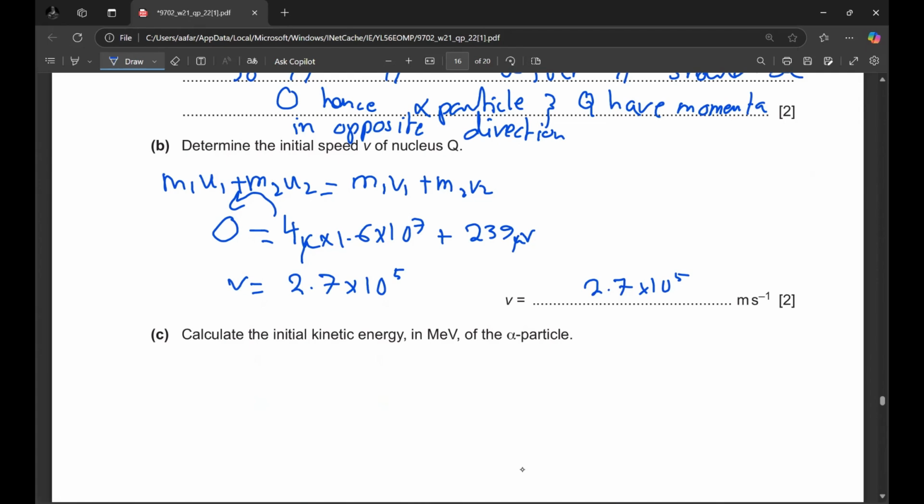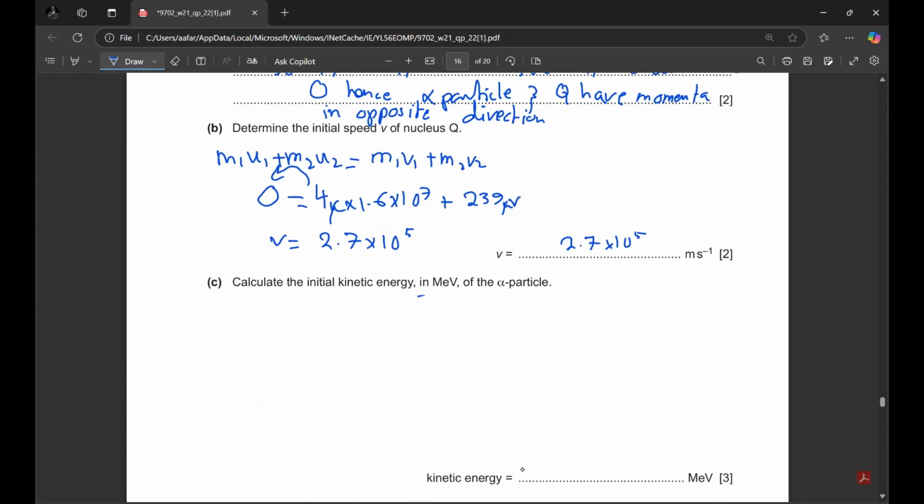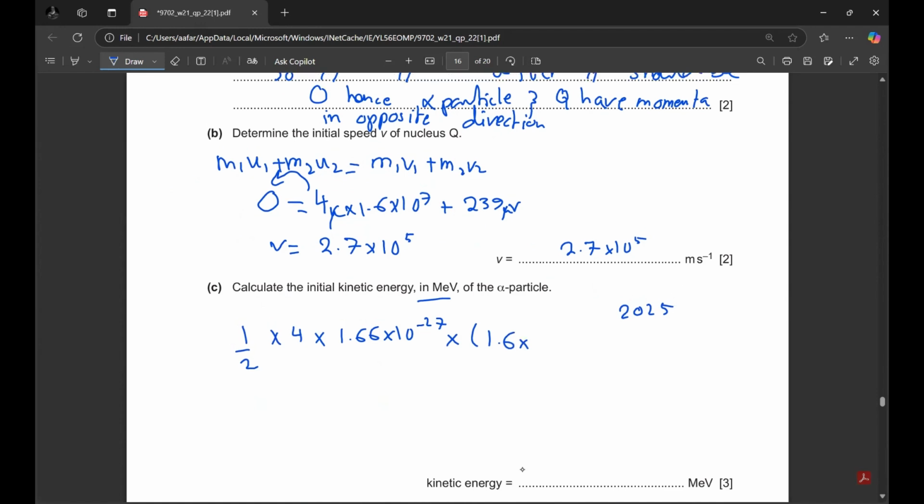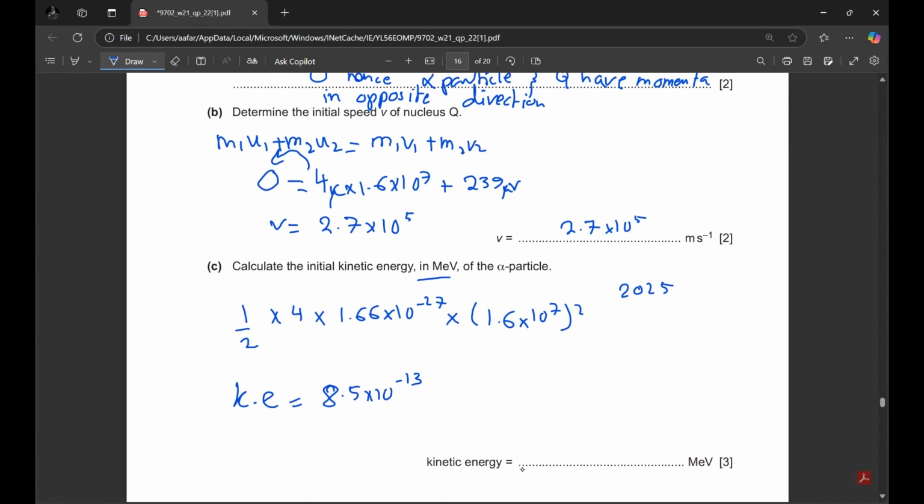So basically, this MeV I think is not in the syllabus anymore as of 2025. So just calculate the initial kinetic energy, which is going to be half times the mass, which is 4u, and u is basically 1.66 × 10^-27 kg, times velocity squared. So the kinetic energy we get is 8.5 × 10^-20.